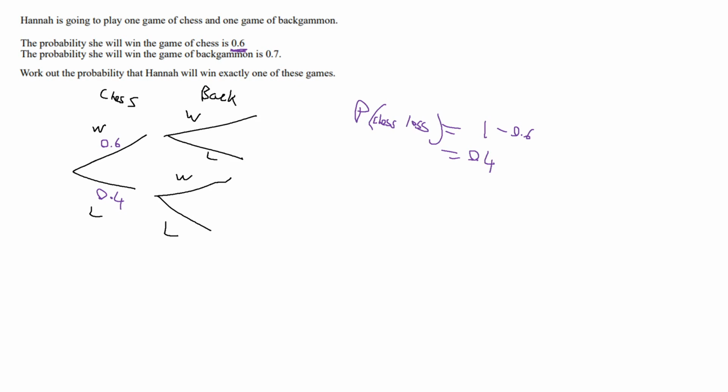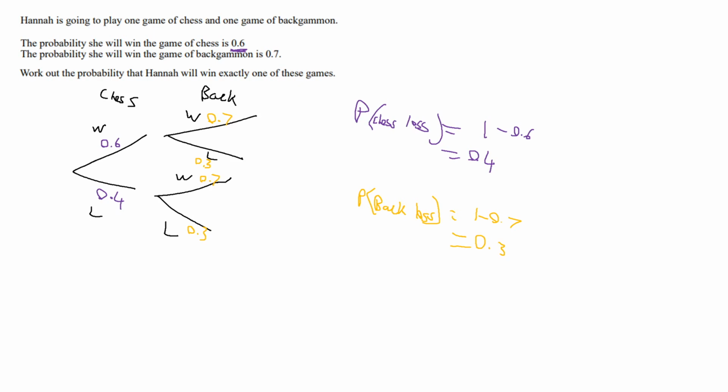Now let's look at backgammon. We know the probability that she'll win is 0.7. So the probability of backgammon loss is going to be 1 minus 0.7, which is equal to 0.3. And we can do that for both branches.